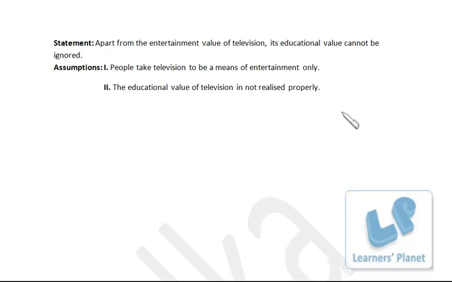That means somewhere there is a sense that the educational value of television is being ignored, right? And if it is being ignored, that means people are taking television for entertainment only, right? So the first assumption itself is implied.